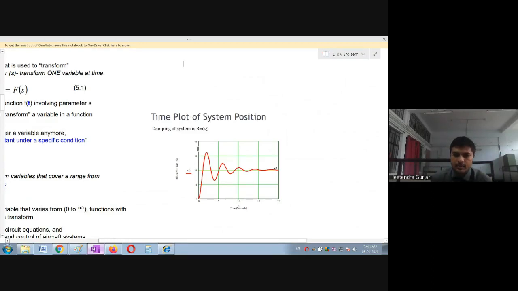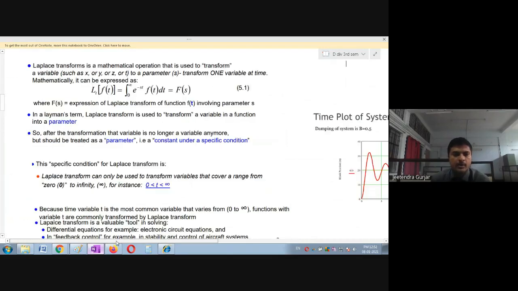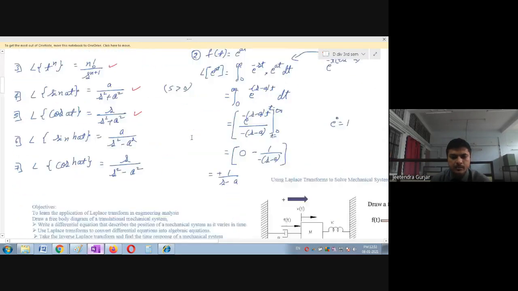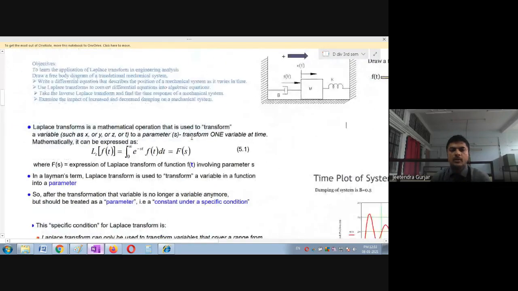Therefore this is exponentially increasing, and the damping process takes place. Therefore we have the formula, that is the integral, with time taken from 0 to infinity, of e raised to minus st, f of t, dt, is equal to F of s. So one can easily see here.